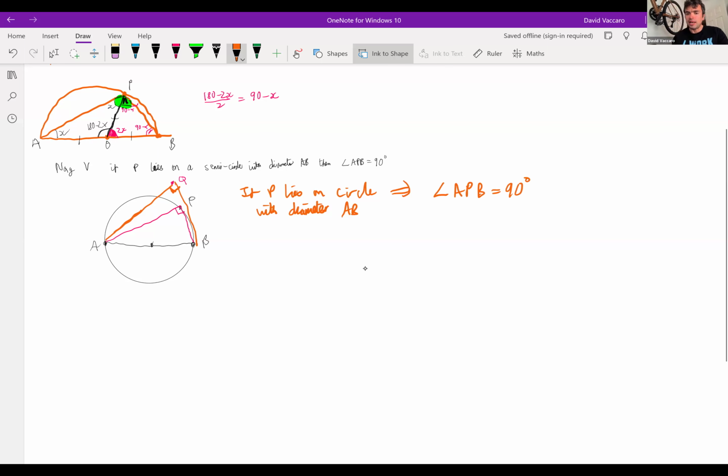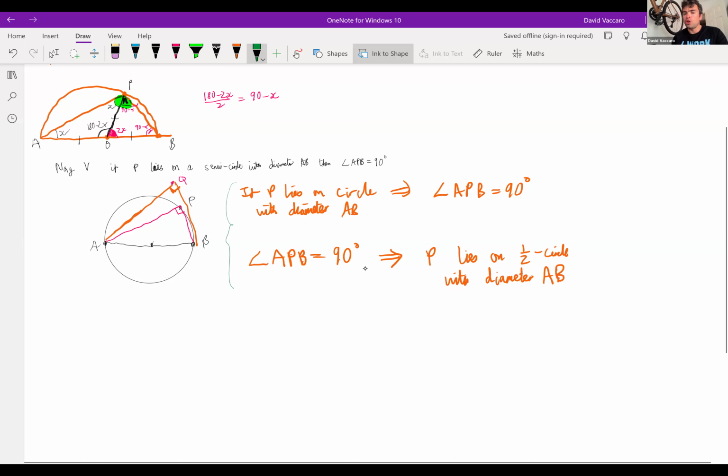What we need to do now is to try and get an argument that goes the other way, that tells me that if APB is equal to 90 degrees, then that implies that P lies on the semicircle with diameter AB.